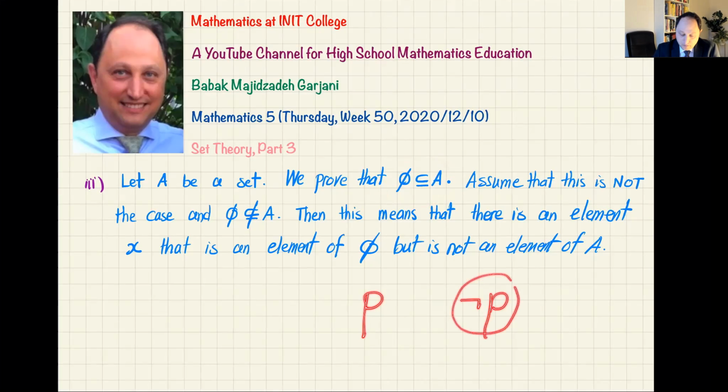This is called the negation of P. So if you consider this statement P, this is the negation of that statement. If I am claiming P is true, and you say no, this means that not P should be true. But the consequence of accepting not P to be true is that I should be able to find an element in the empty set, which is a contradiction by the definition of the empty set. So I have to admit this is not the case, so the other one has to be the case. Is that clear?